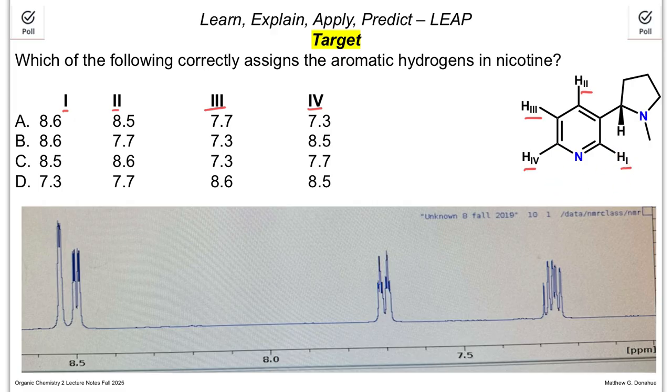So on the spectrum, they should have similar chemical shifts, right? And so down here you see 2 signals that would have similar chemical shifts. So you can make a rough assignment. And then when you consider the multiplicity, you can further resolve things.